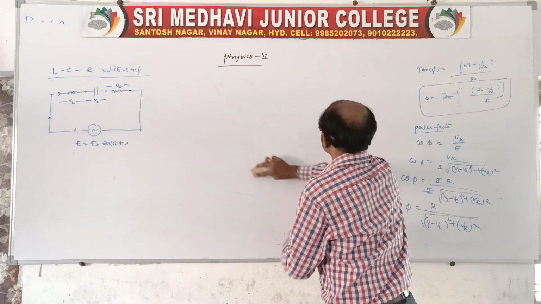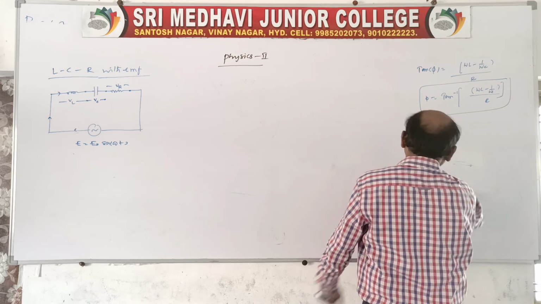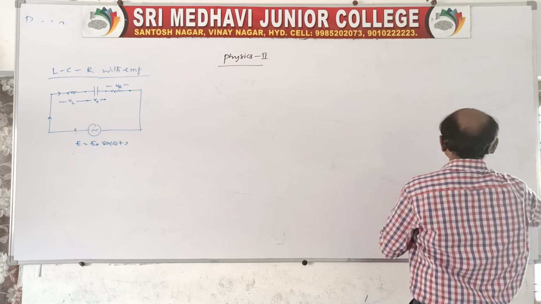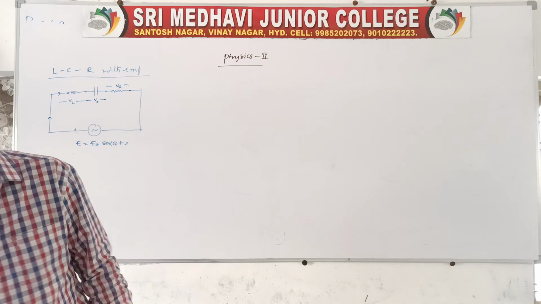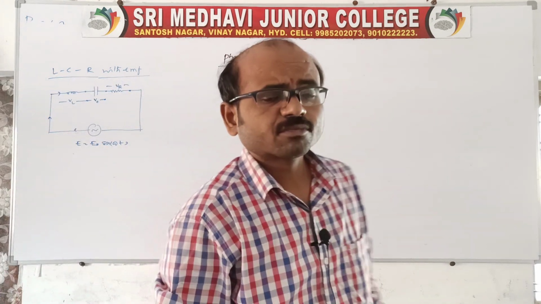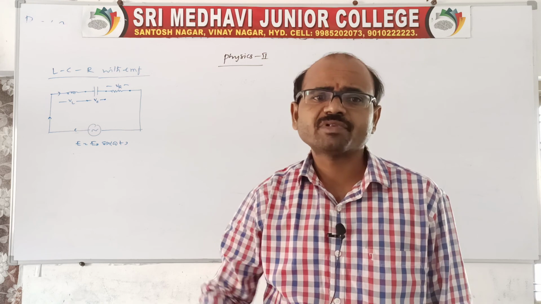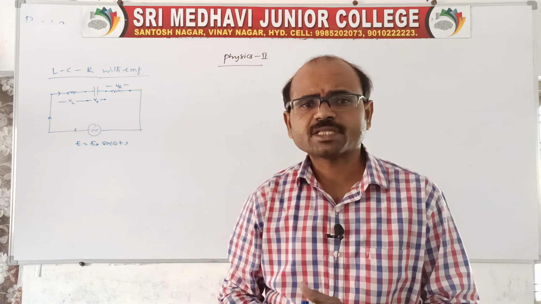That we will see in the next class. Again we need to find all these same factors, but the condition is VC greater than VL. So this one condition is over. Again we need to get another condition, that is VC greater than VL. That we will see in the next class, and I will continue with the continuation topic in the next class.